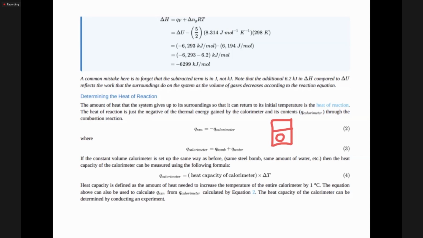The equation above can also be used to calculate Q reaction from Q calorimeter according to equation 2. The heat capacity of the calorimeter can be determined by conducting an experiment.